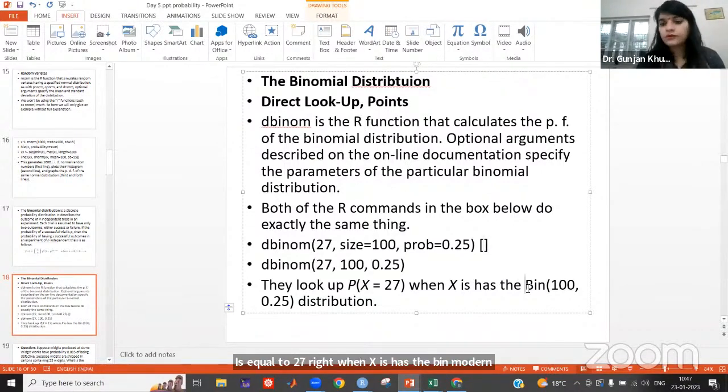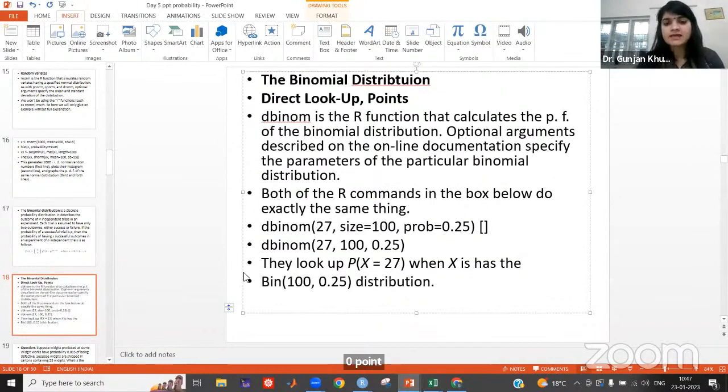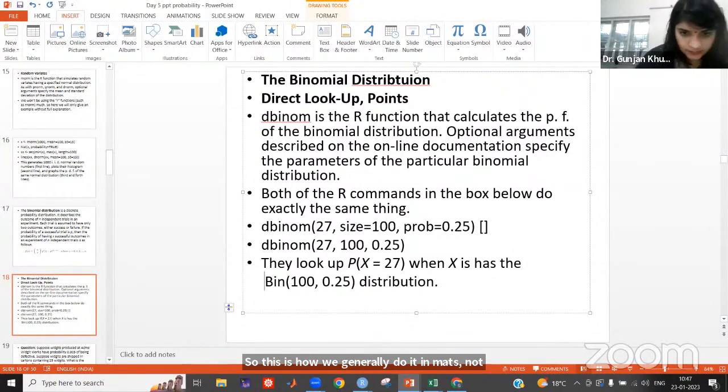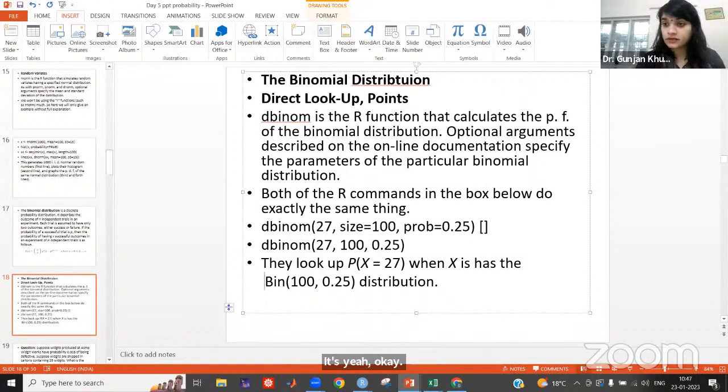Bin means binomial. Generally, whenever we are in maths, we always write bin n comma p, while in R we use this function. Can you tell me the answer? Anyone?